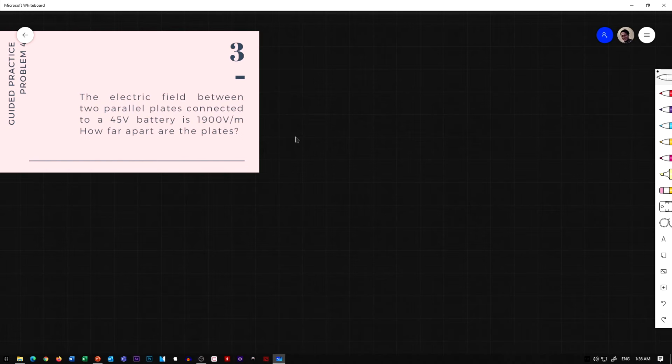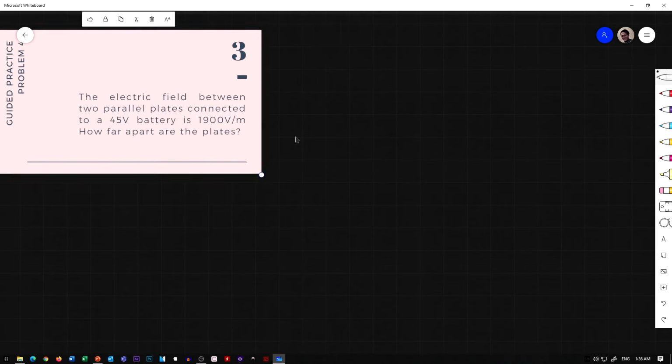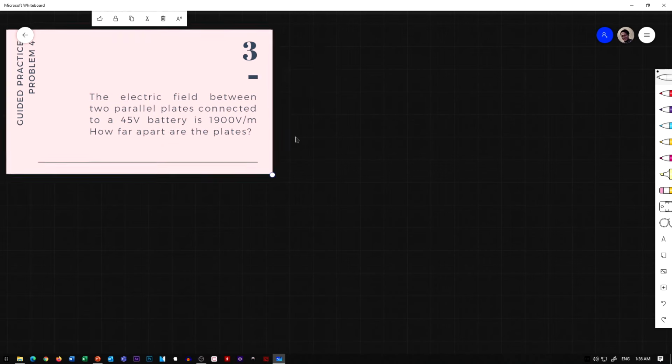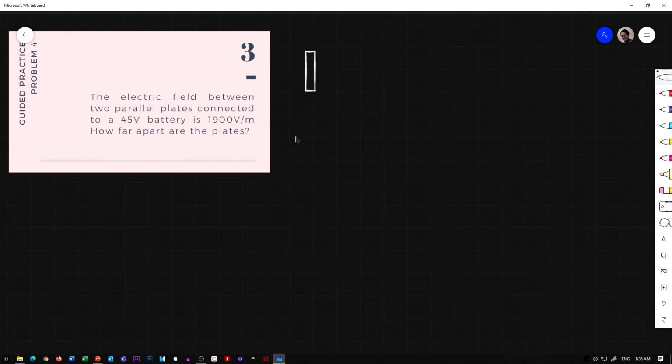Okay, so you can choose to illustrate this. It's hard to draw a very thin rectangle, but there you go. Okay, so let's have this rectangle. Then we're going to have an electric field.